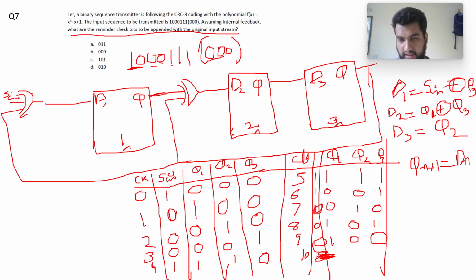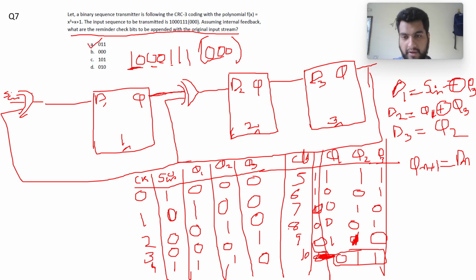And now for the 10th, that is the final, 0 XOR with 0 is 0, 1 XOR with 0 is 1, and this will be 1. It was 0 0 1, 0 0 1 0. So finally the remainder will be 0 1 1. So the remainder check bits are 0 1 1.